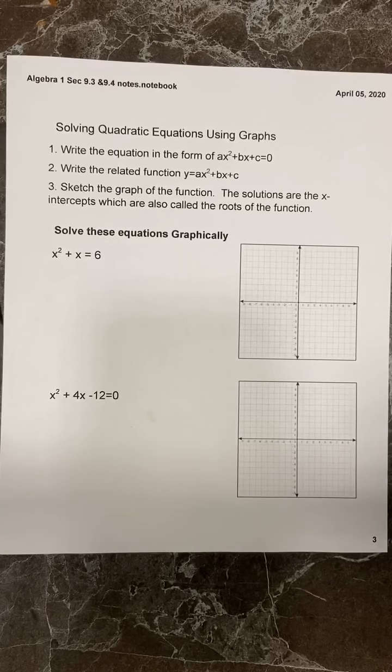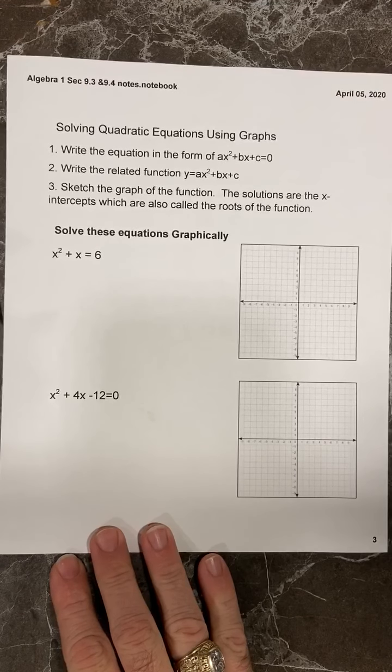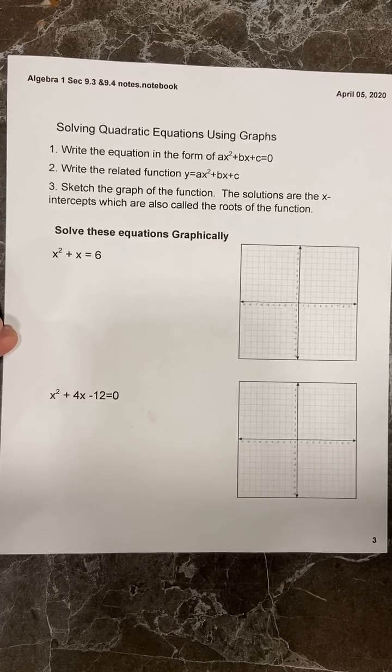And when we sketch the graph of the function, the solutions are going to be the x-intercepts, which, remember, the x-intercept is going to be where the graph crosses the x-axis. So whatever the x value is where we cross the x-axis is going to be a solution for the graph. And those solutions can also be called roots.